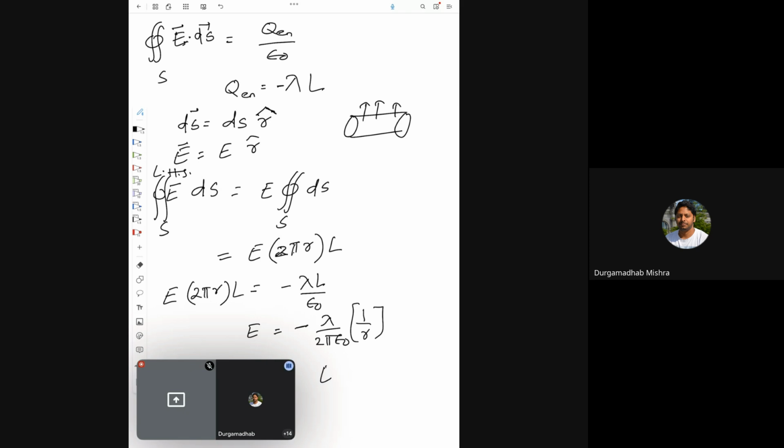And what is the direction? It is minus lambda by 2 pi epsilon naught, 1 over r, along the radius of this cylinder, r cap, which is radially inward. So there is a minus sign. Okay, so this is for region 2.